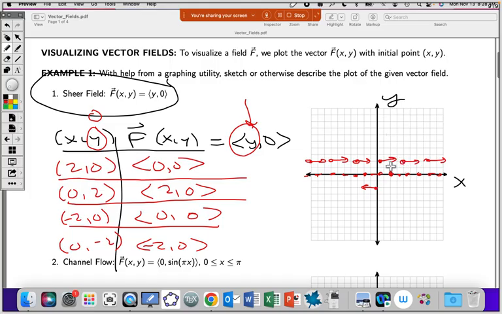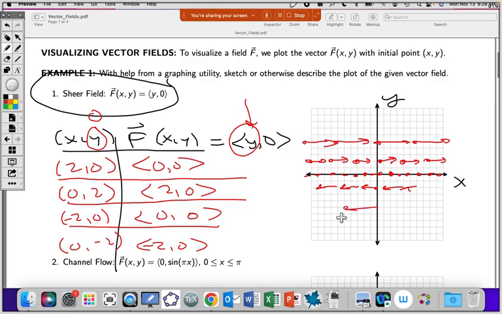If I go up to like 5, it'll have 5, 0. You follow? Now if I go below the x-axis, all these y values are negative, which means they're going to be pointing the opposite direction. They'll be pointing to the left.